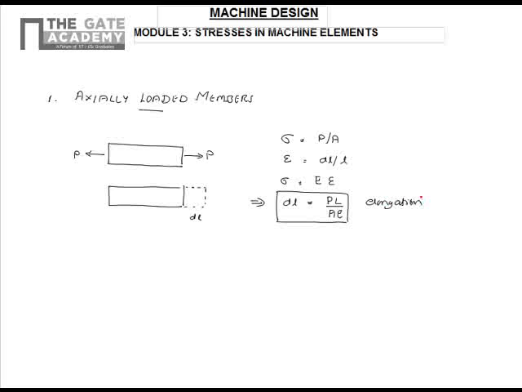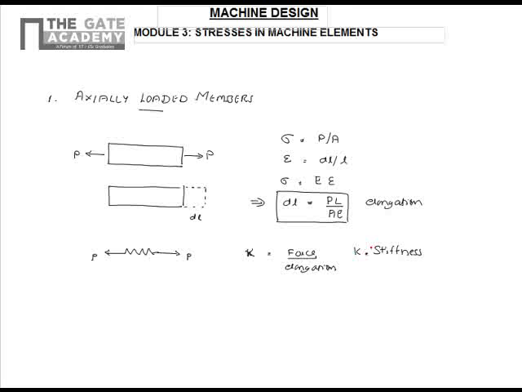This system is very much analogous to a spring system, where the load applied is P, and we have the stiffness of the spring K given by F, the force, by elongation. Stiffness of this spring is given by force by elongation, where K is nothing but the stiffness.